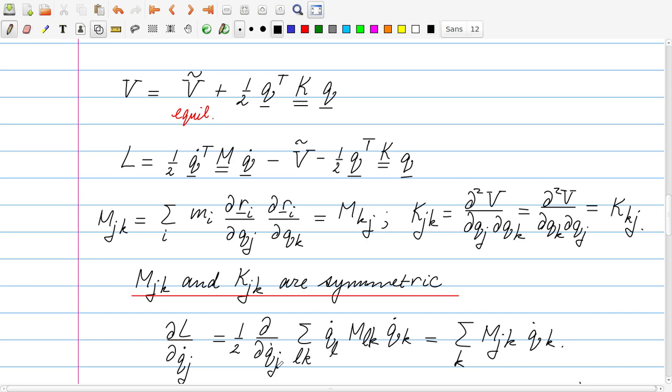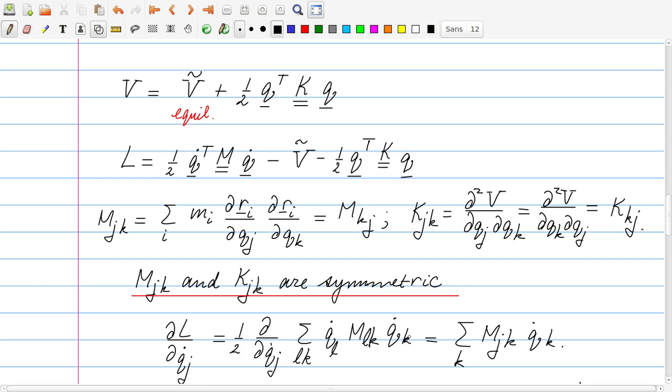Then we see that this j has a fixed value, but we sum over the l and the k. So this l may become equal to j, and then it drops out because of taking the derivative. And then we have an expression like this, but with a factor 1/2.